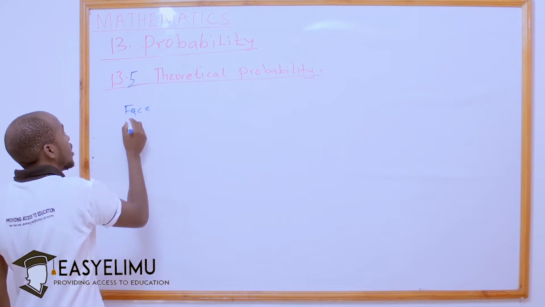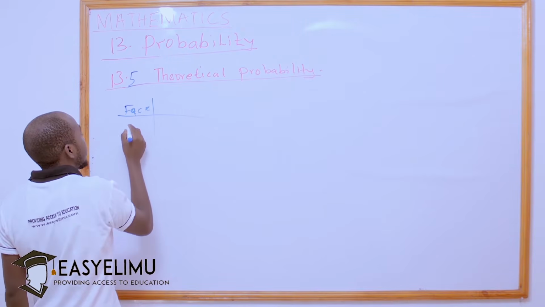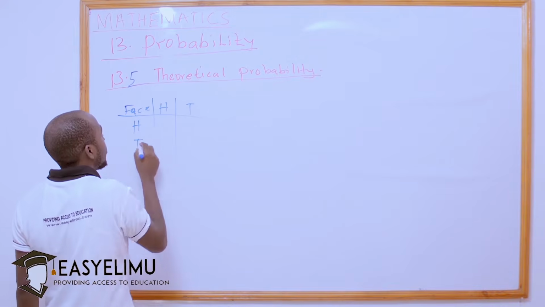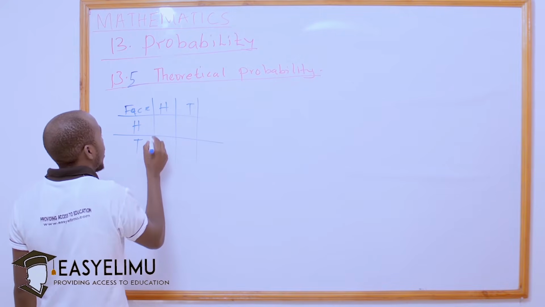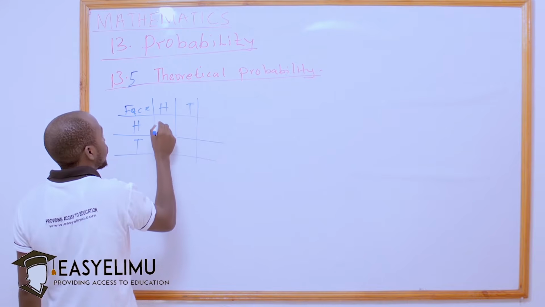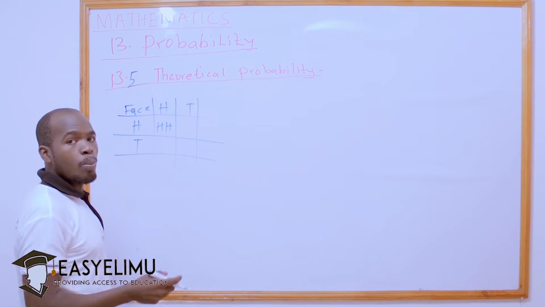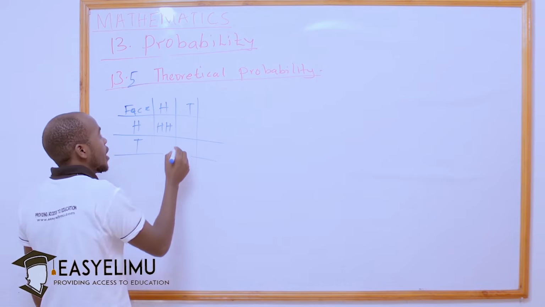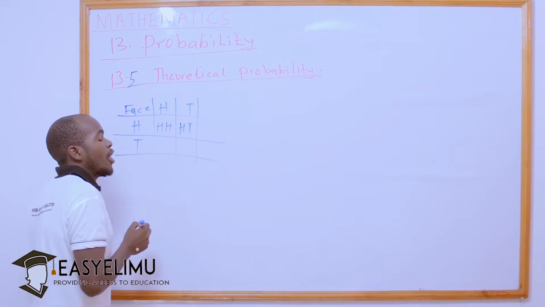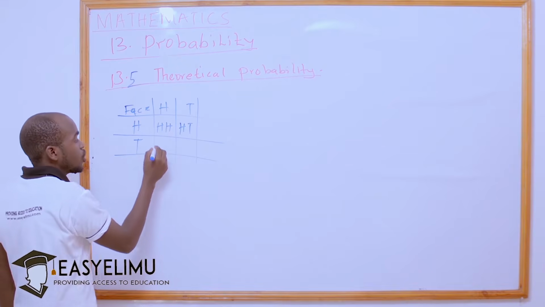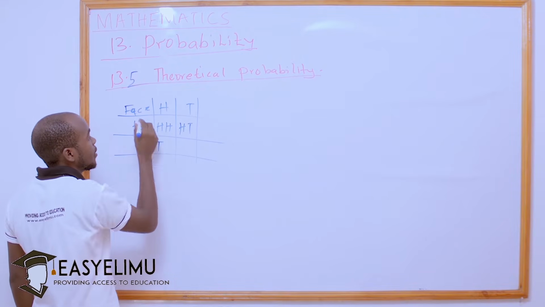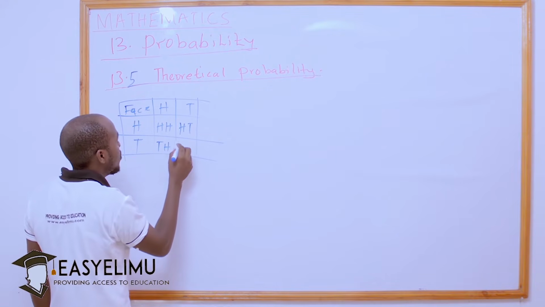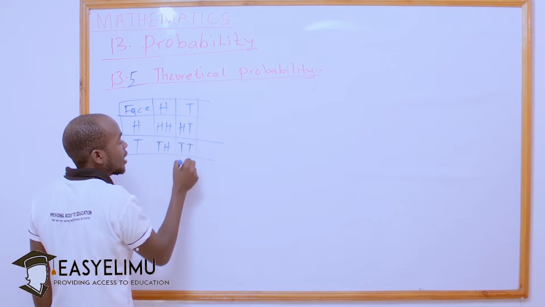So for that case, if you toss two coins together, you are going to have either two heads, that is both coins showing heads, or one showing head and the other tail, and so on.